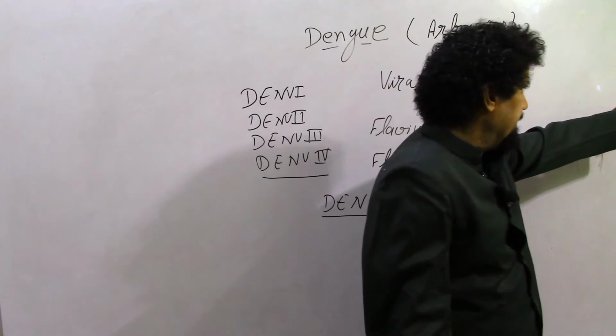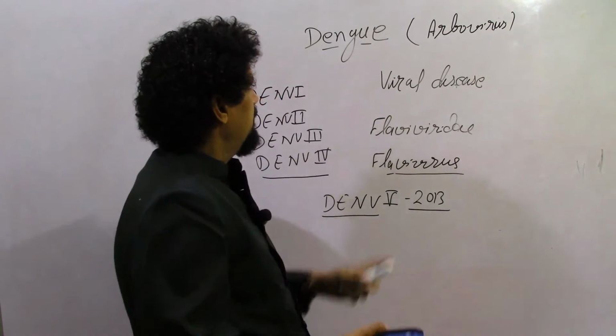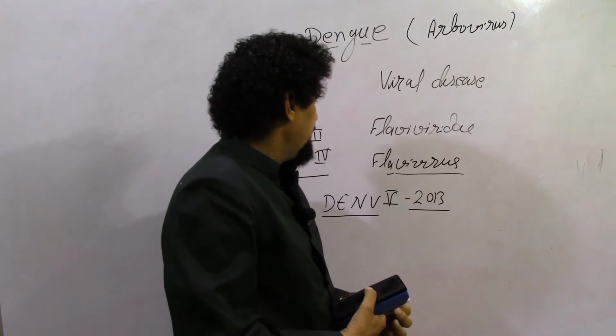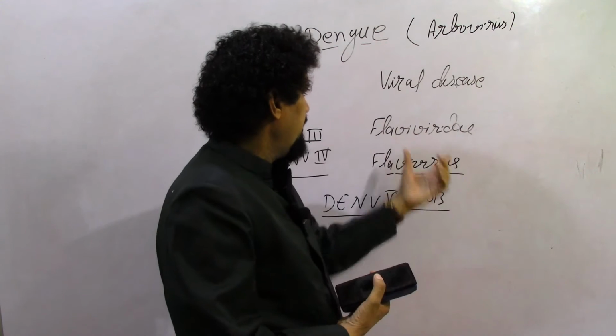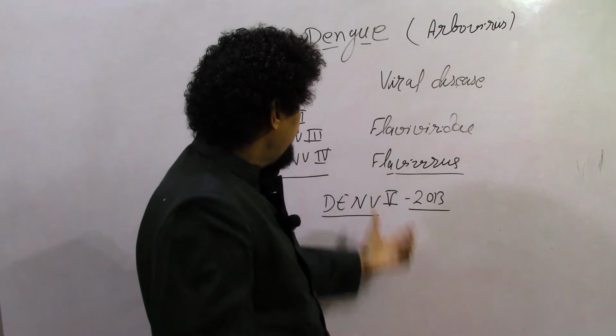So dengue is an arthropod-borne disease, an arbovirus, caused by the dengue virus of family Flaviviridae and genus Flavivirus.